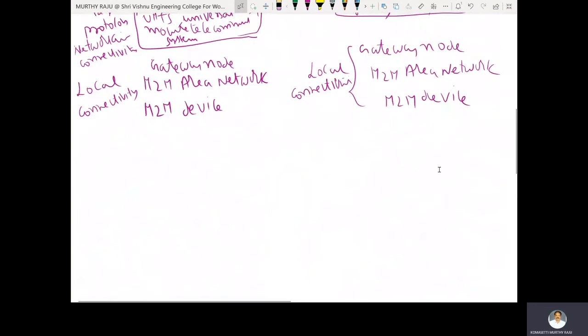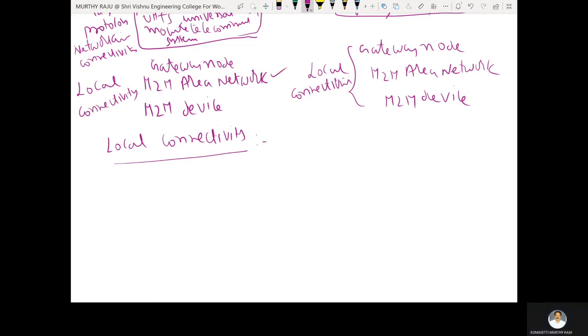Now I will concentrate on local connectivity. What is meant by local connectivity? The M2M area network.